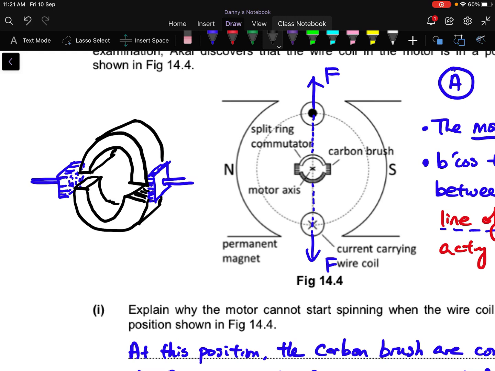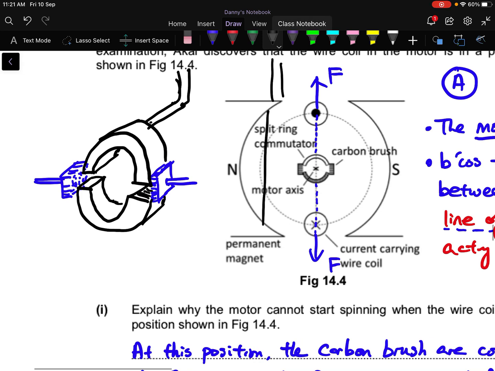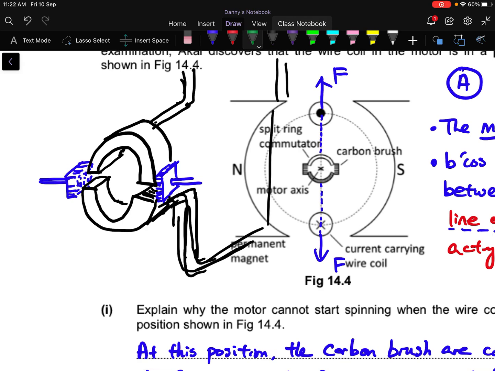Can visualize? Yeah, so you have something like that. So what will happen? This thing is connected then to the rest of the coil, and then this coil comes back, and then this thing attached to here.